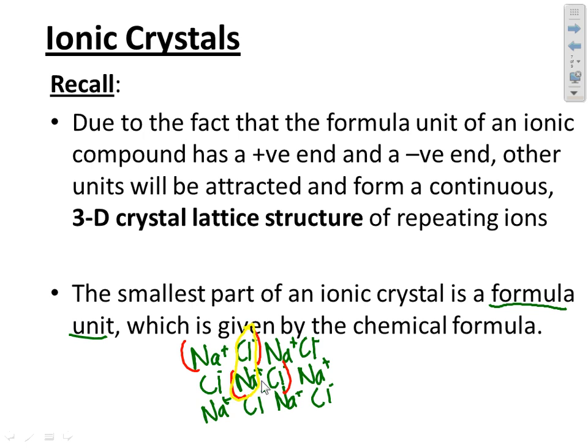So you can see there's many different versions of sodium chloride. There's no way to tell where the one sodium chloride begins and the other sodium chloride ends. And that's different than a molecule like water. With a molecule like water, you can see where the molecule begins and ends. It has a beginning on one end and an end on the other end. And for ionic compounds, you can't see that. That's why we call them formula units instead of molecules.